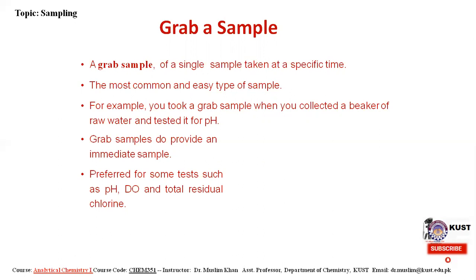So you just go there and randomly collect a sample from this running water with a beaker. A grab sample usually provides an immediate result: you immediately want to know the pH, dissolved oxygen, total dissolved matter, or total residual chlorine. So this is usually preferred for a quick test for pH and the other things I mentioned.